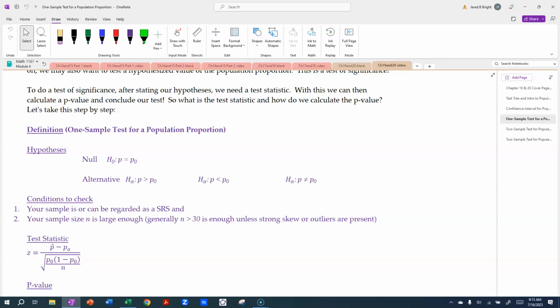using one sample. Okay, so as you can see here, we have the hypotheses, null and alternative, very similar to before. I just want to point out that p0, formally we call this the hypothesized value of the population proportion.